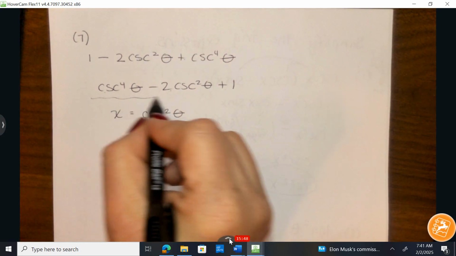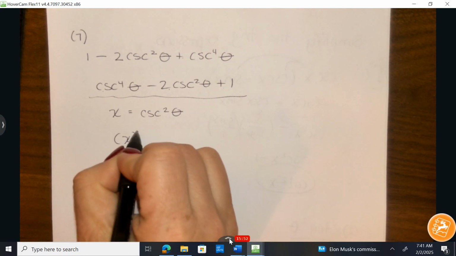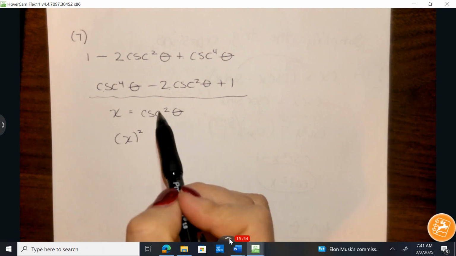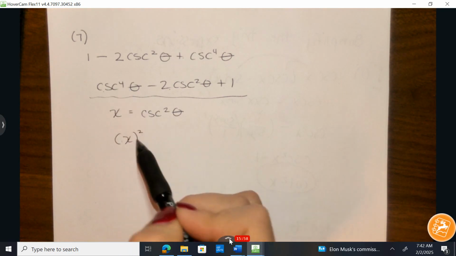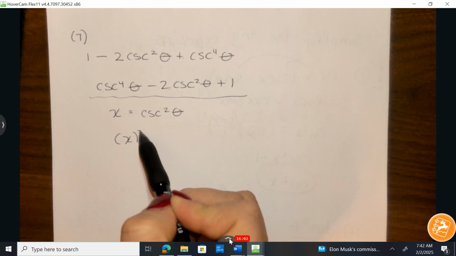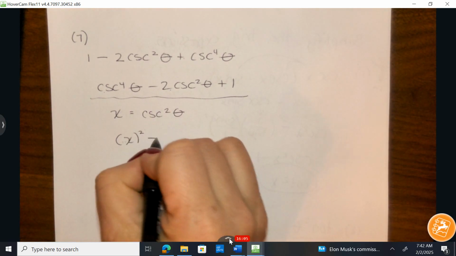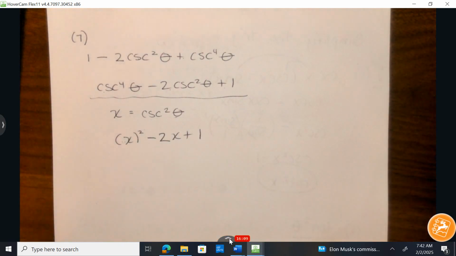So when I rewrite this expression, I have x, and I have to square it. So here is cosecant squared, but I need to get to cosecant to the fourth. So 2 times 2, a power to a power we multiply, is 4. Minus 2 times x plus 1.